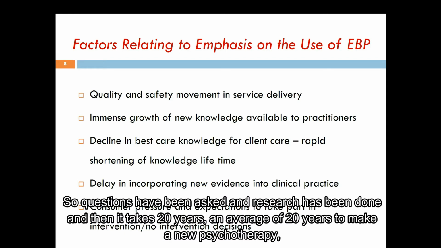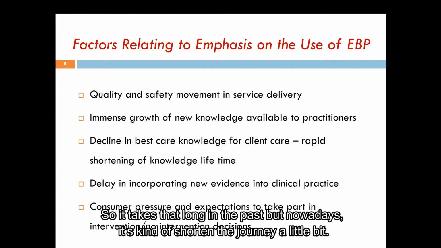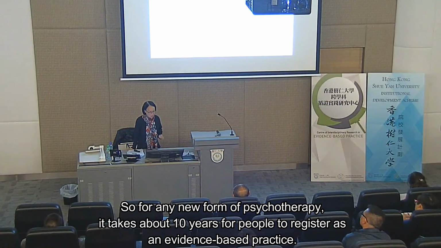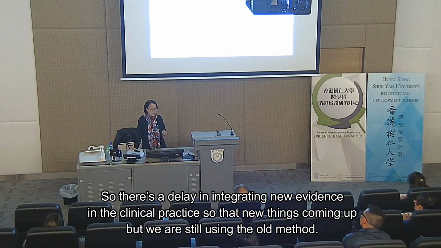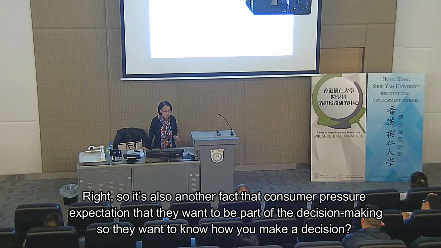So questions are asked, and then research has been done, and then it takes an average of 20 years to make a new form of psychotherapy into an accepted evidence-based psychotherapy. So it takes that long in the past. But nowadays, it's kind of shortened the journey a little bit. So for any new form of psychotherapy, it takes about 10 years for people to register it as an evidence-based practice. So there's a delay in integrating new evidence into clinical practice. So there are new things coming up, but then we are still using the old method, right?